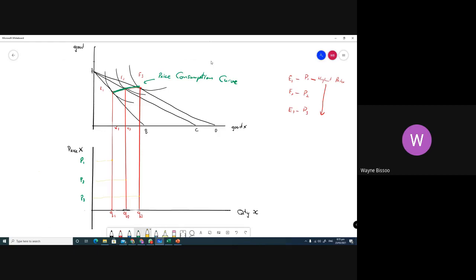So we end up now with three points that we can now map. We have point 1, point 2, and point 3. And we can connect these points to each other like so, using a ruler with a straight line. This would give us an individual demand curve for whoever this individual is, and we'd label this DD.